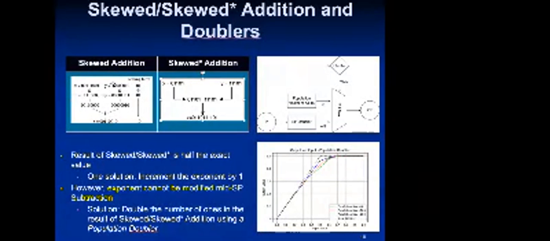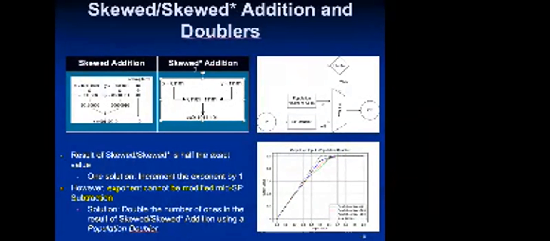Skewed star addition is an improvement over skewed addition to get more accurate results, where to add x and y, we take the bit vector of x and concatenate it with the bit vector y to get the resultant bit vector z, which is going to be twice as long as either of the two inputs. Skewed star addition, just like skewed addition, will result in a value that's half the exact value.